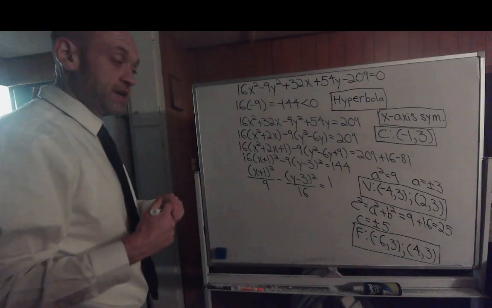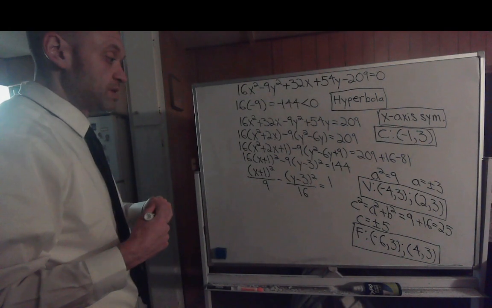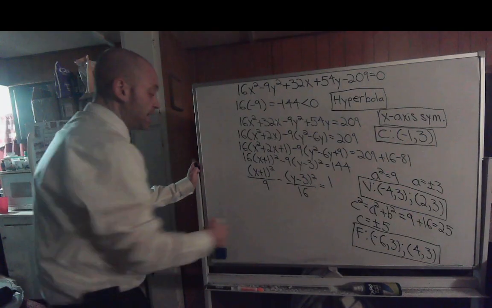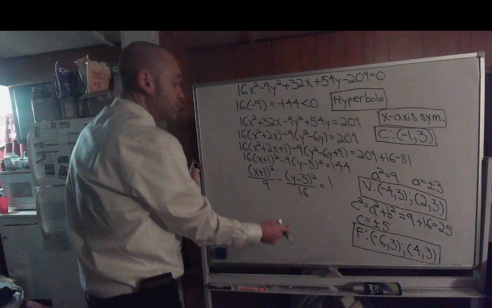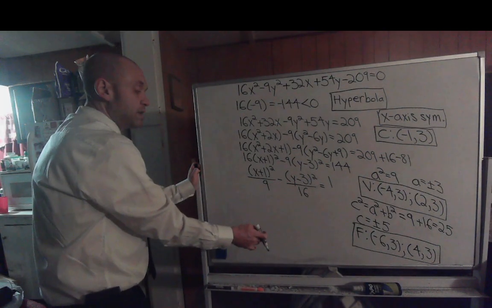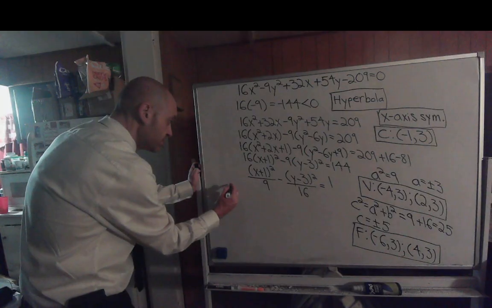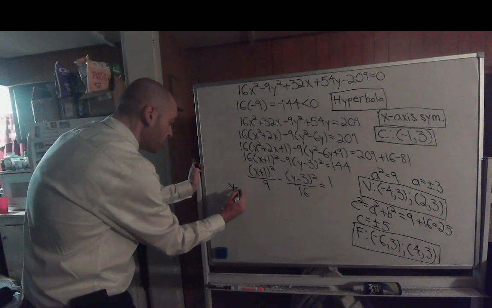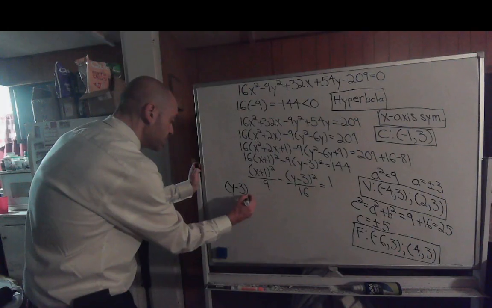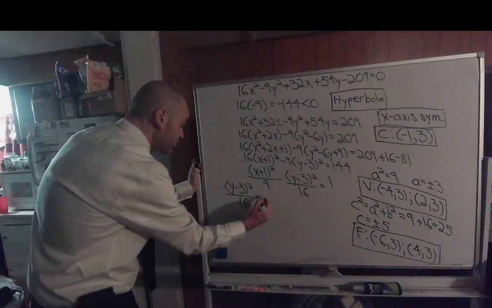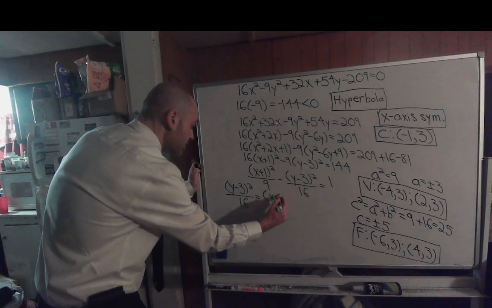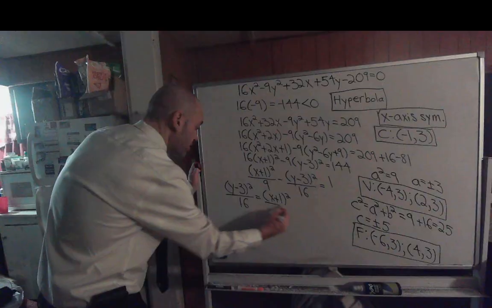And then we need to find the asymptotes. So we ignore the 1, remember that, we ignore the 1, and set one variable expression equal to the other. You would have y minus 3 quantity squared over 16 equals x plus 1 quantity squared over 9.